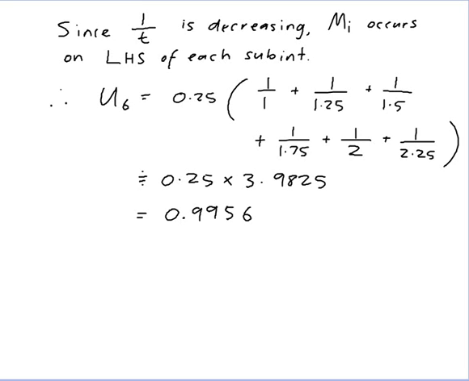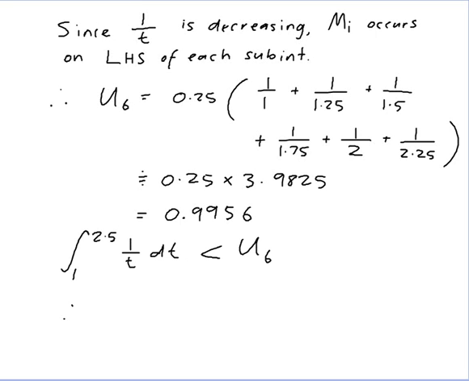How does that help me decide whether 2.5 is more or less than e? Well, I can at least decide how u6 is related to my integral. I know that the integral from 1 to 2.5 of 1 on t dt has to be less than the upper sum. So that's less than u6.